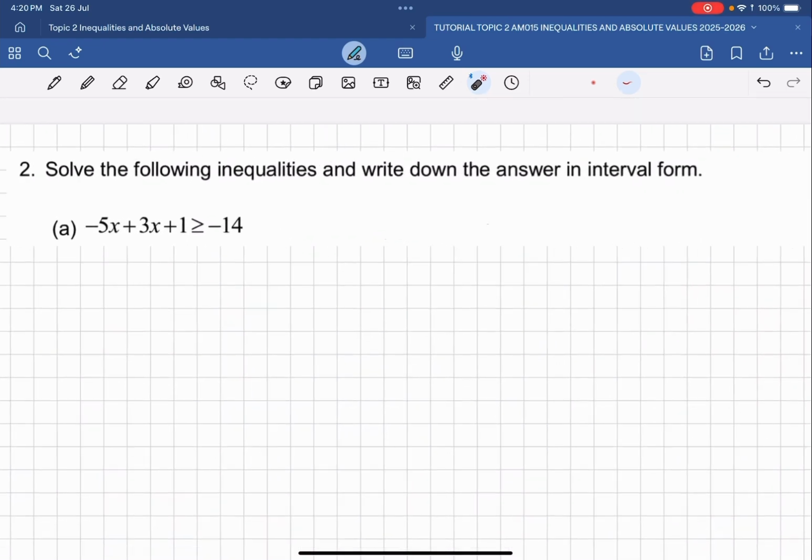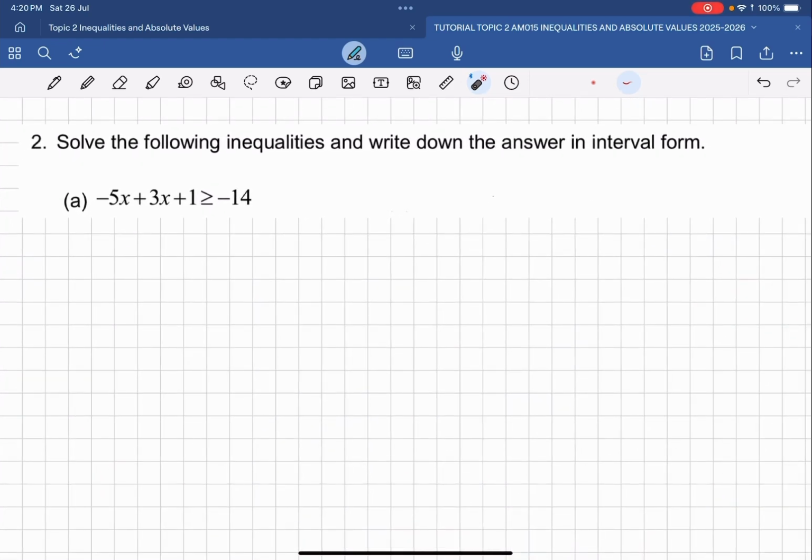Now let's move on to question number 2, which needs us to solve the following inequalities and write down the answer in interval form. Interval form is where we use the symbols of square brackets, round brackets, and infinity.